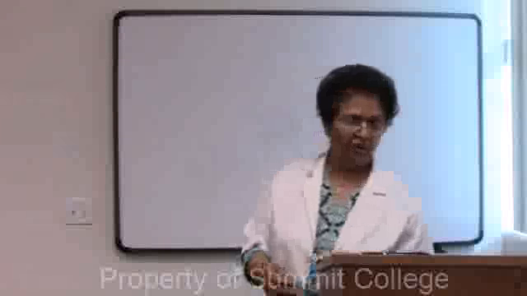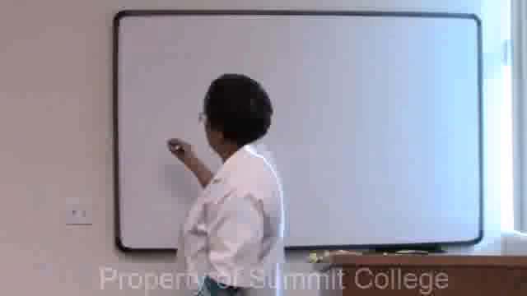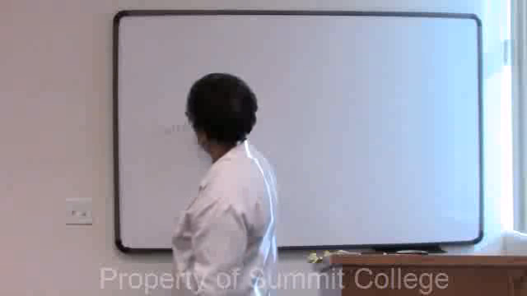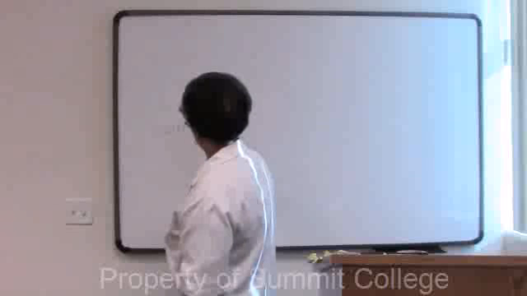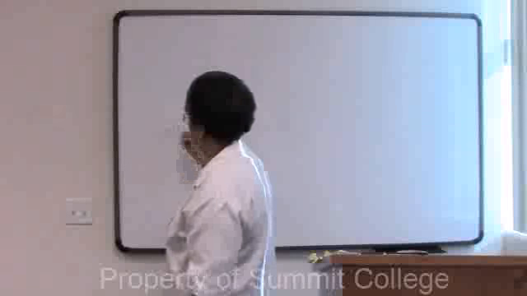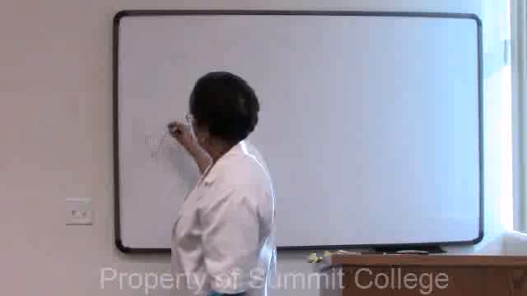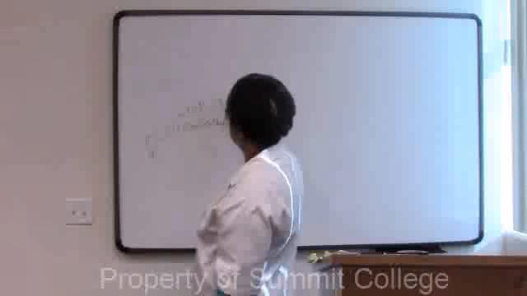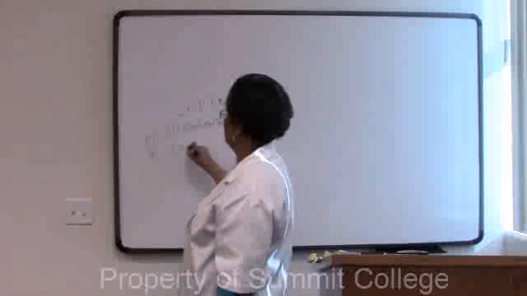So if they give you a question, what do you monitor if somebody has Reye's syndrome? I will write down the word encephalopathy, and also what you monitor with encephalopathy is the liver. In encephalopathy, ICP, level of consciousness, and it damages the liver.